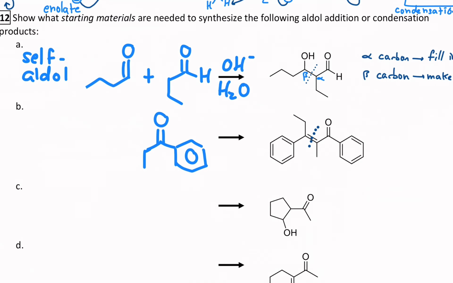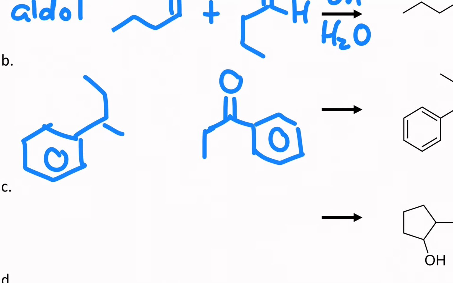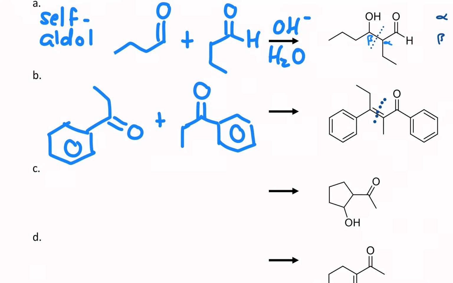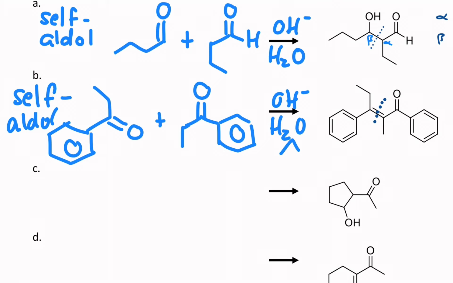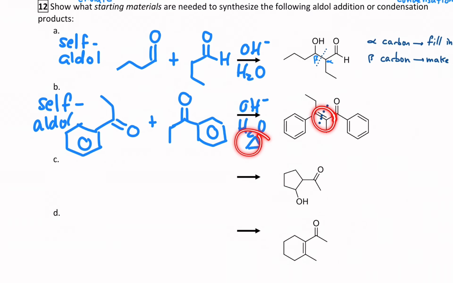The beta position, I draw in all the carbons. My beta carbon is right there, so I have to make it a carbonyl, which in this case is a ketone. And if you look, this is also a self-aldol, just by coincidence. This one, if I fill in the reagents, I'm going to put hydroxide, but also heat. It's that heat that drives the condensation product.